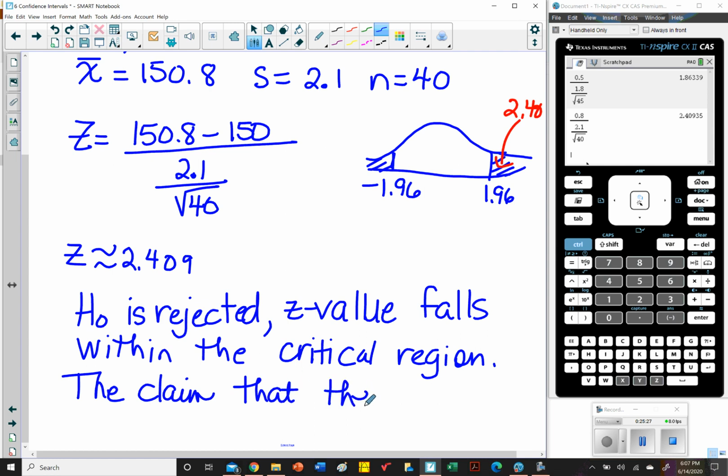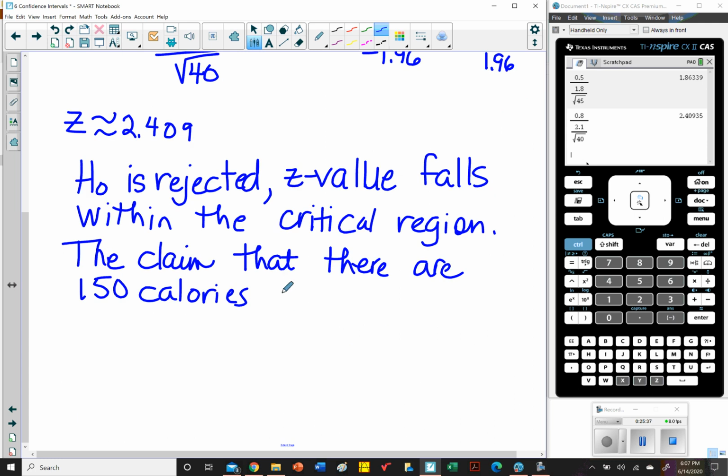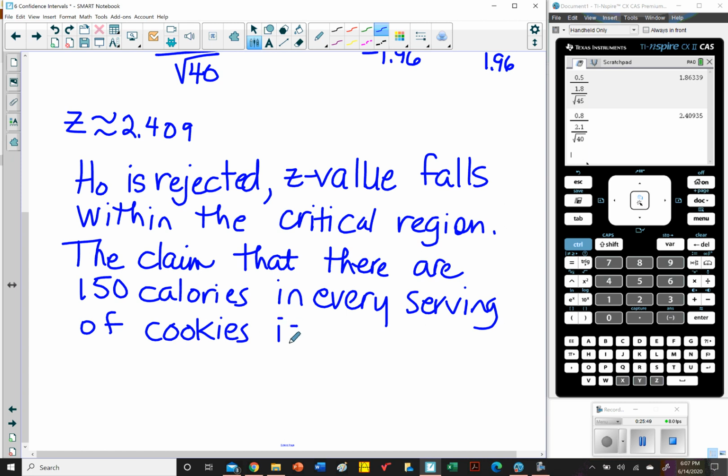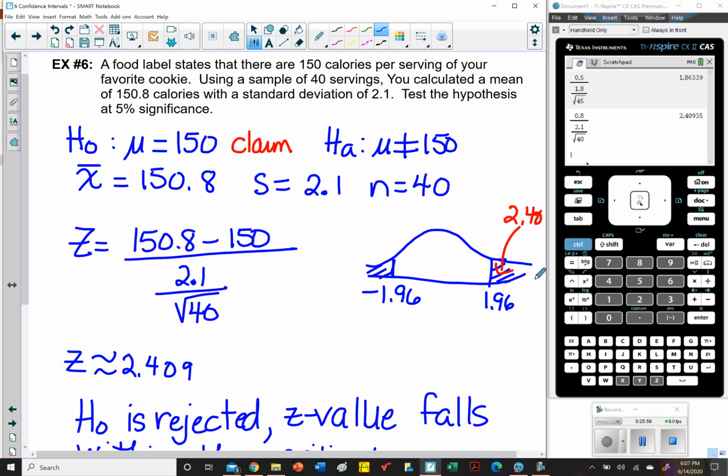The claim that there are 150 calories in every serving of cookies is rejected. Okay, so our z-value has to fall within that critical region, and then you can reject the claim.